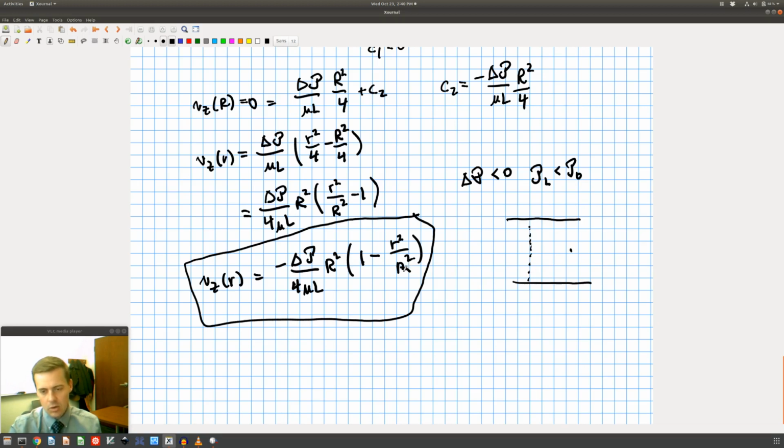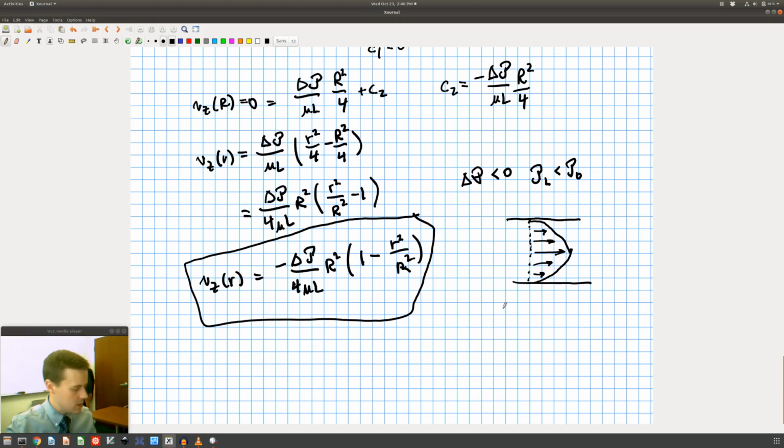And when I go to big R, I should go to 0. So I'm 0 on the ends, and I'm a parabola in shape because of my squared profile. Okay, it's probably the worst parabola you've ever seen drawn, but it's the best I can do with the current medium I've got. So I have a parabolic flow profile, we say.